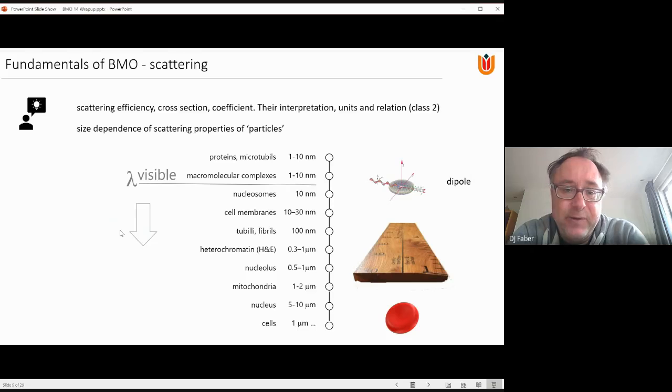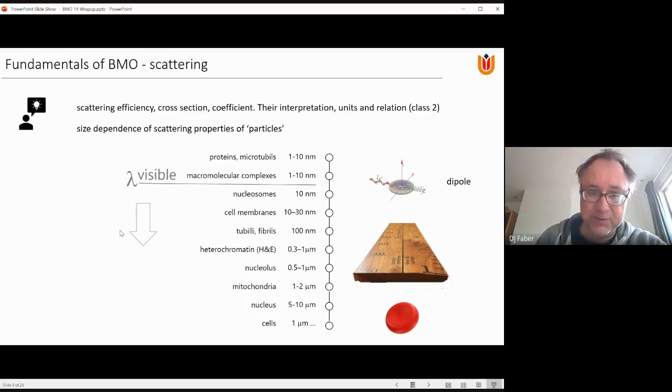If we think of these very small particles, the smallest scatterer possible is a dipole. And scattering by these very, very small particles behaves exactly as the scattering that we would see from such a dipole.